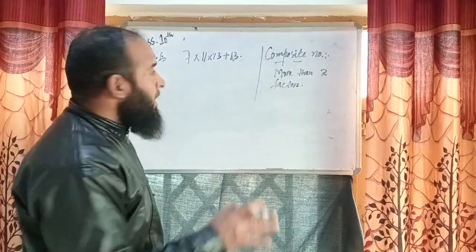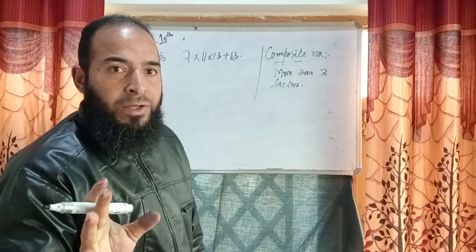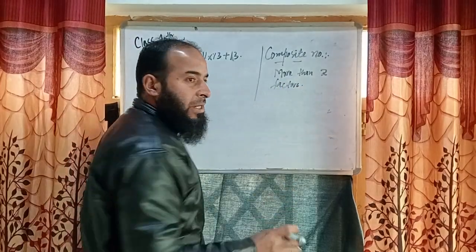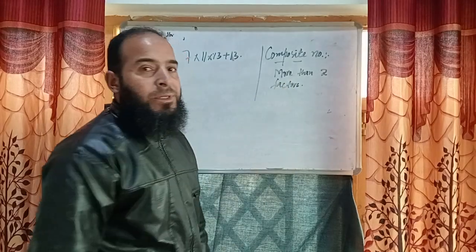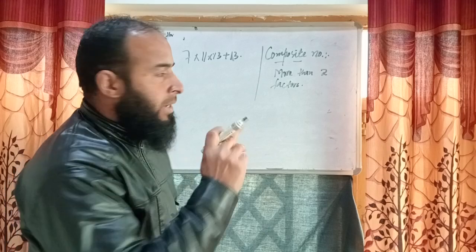Now, whether this number holds this definition or not. If this number holds this definition, then it is a composite number. If it doesn't hold this definition, it will not be a composite number. Let's see.